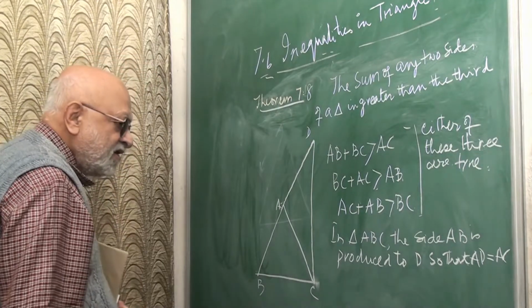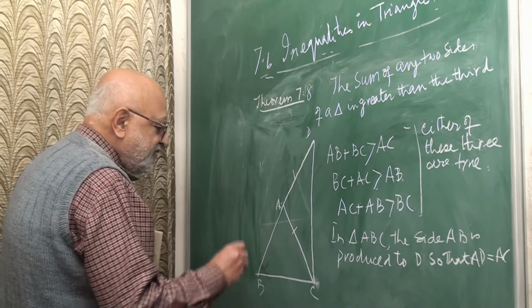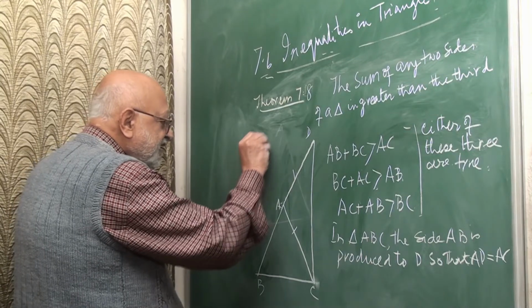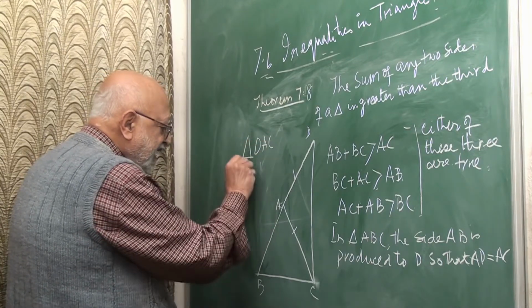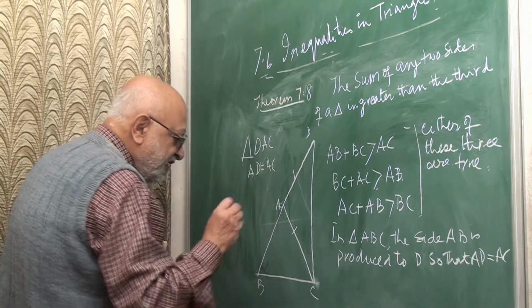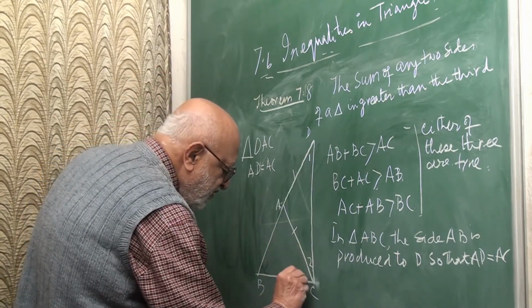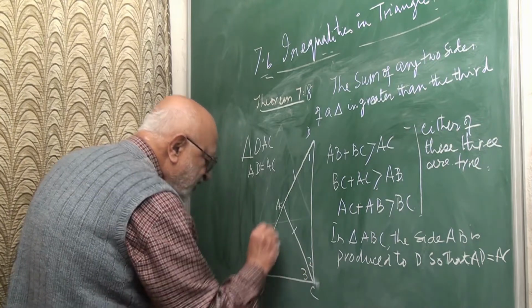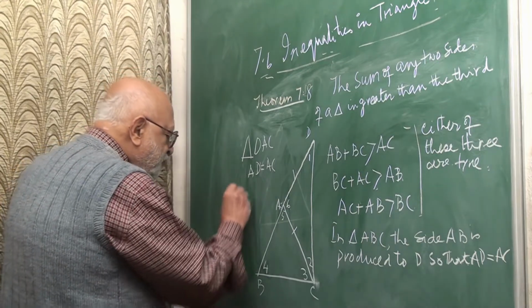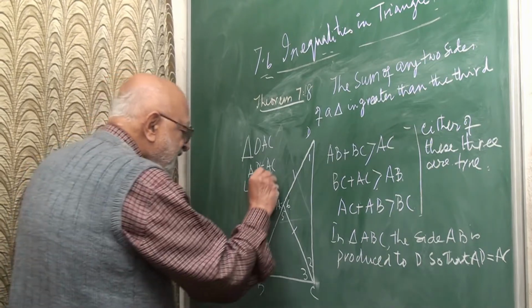Okay, this is done? That means this is equal to this. So if I take triangle DAC, AD is equal to AC, and then let me start with the nomenclature: 1, 2, 3, 4, 5 and 6. Therefore, angle 2 is equal to angle 1. These are by construction.